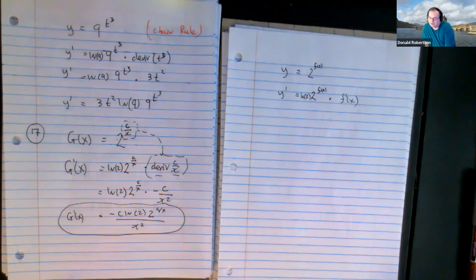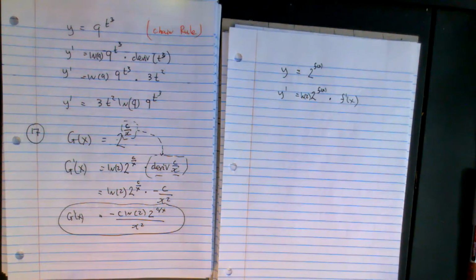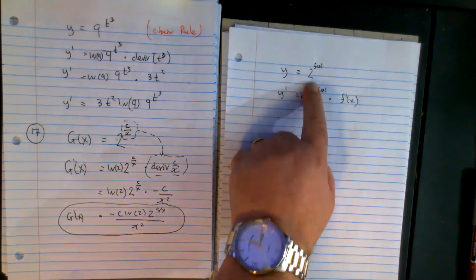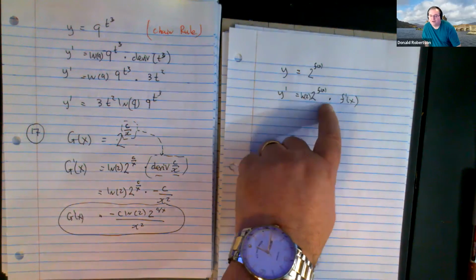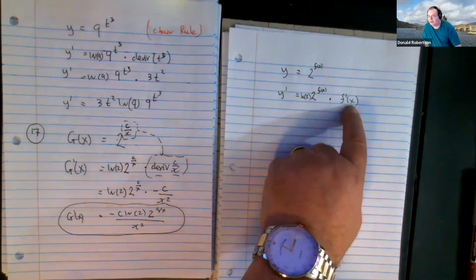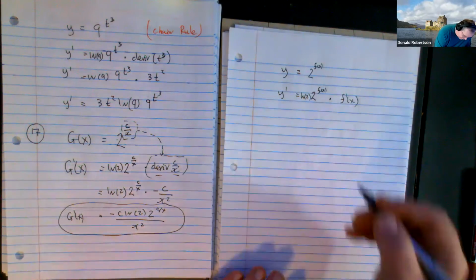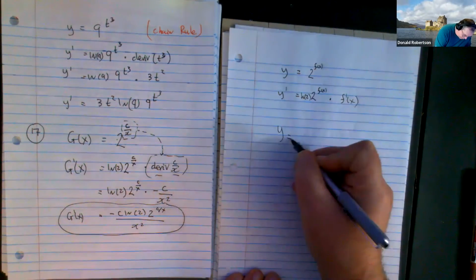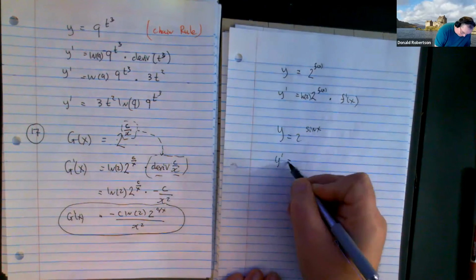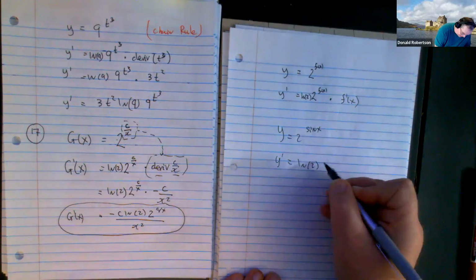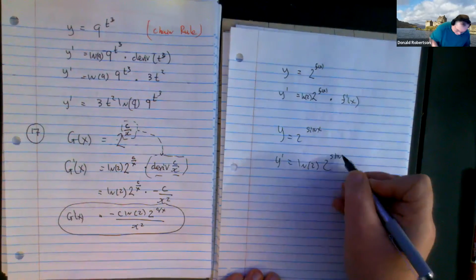Does that make sense? 2 to the something gets you log 2, 2 to the something, and times the derivative of the something. So if I call that f of x, you get f dashed. So if somebody said to me, what's that guy, you would say log 2, 2 to the power of sine x, times the derivative of sine x.